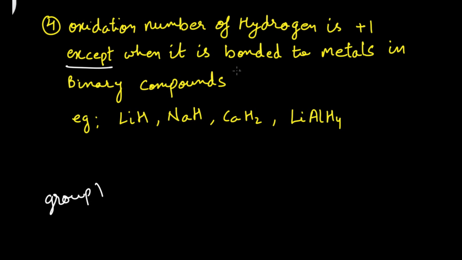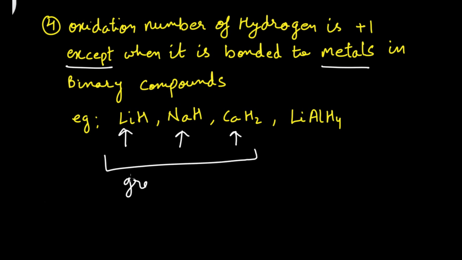Except when it is bonded to metals in binary compounds. What kind of metals are we talking about? If you look closely, this is lithium, sodium, calcium, group 1 and 2, and this is aluminium, group 13. In this case, we already know that aluminium will have +3 oxidation state, right? After solving this also, you will find +3 oxidation state.